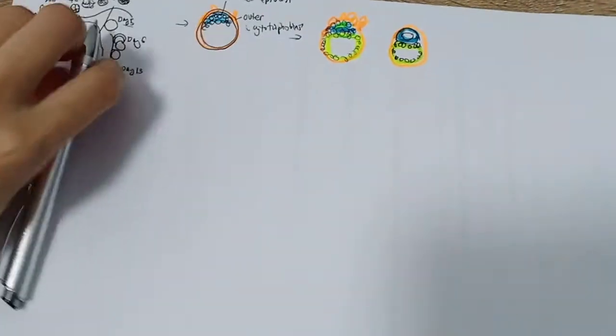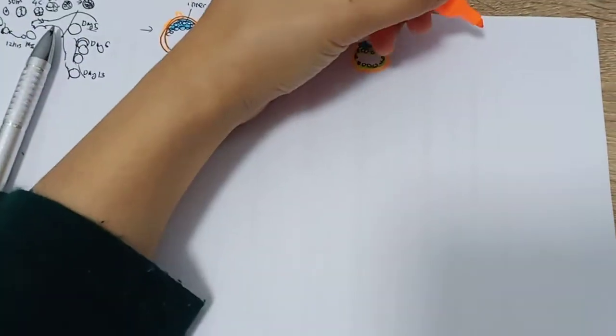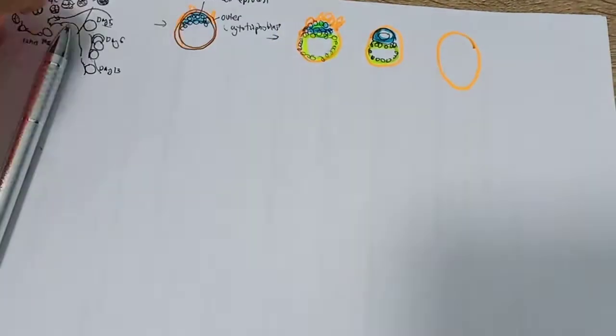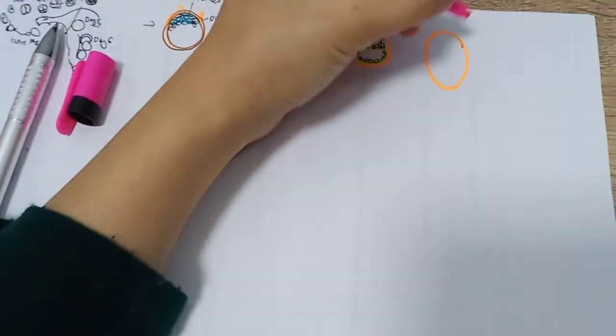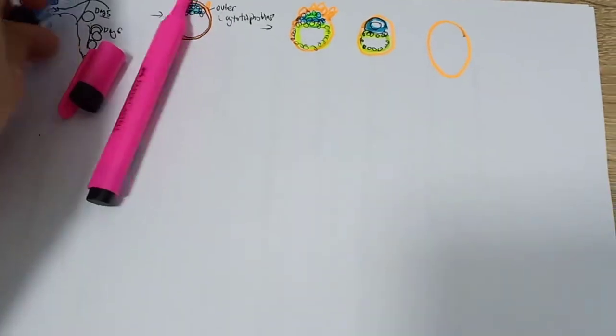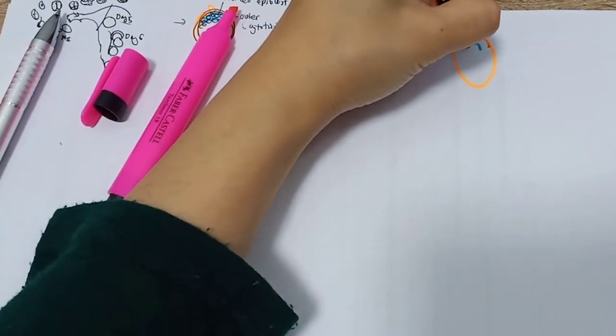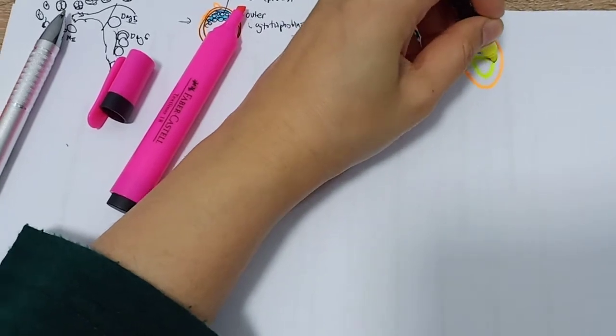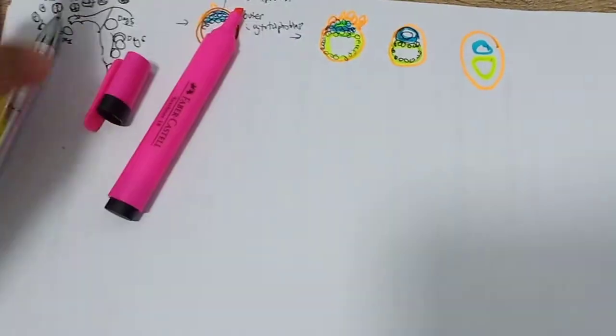So what we have here is the cytotrophoblast, the epiblast with the amnion here, and the hypoblast, which will become the primary yolk sac.